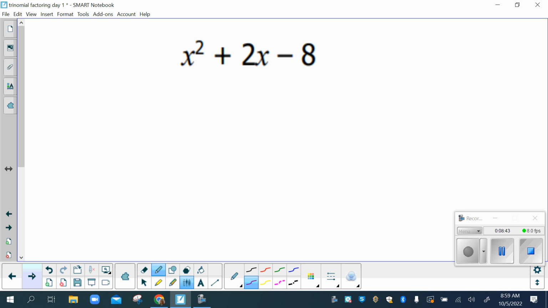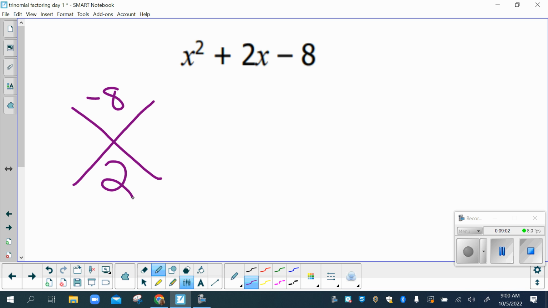Okay, stepping up our game a little bit, lobsters. Going to get a little hotter. This one gets weird, because on this one we're going to think about it a little bit differently. We're still going to say the factors of negative 8, but this time they're going to subtract to be 2. So here's what I want you to think about.